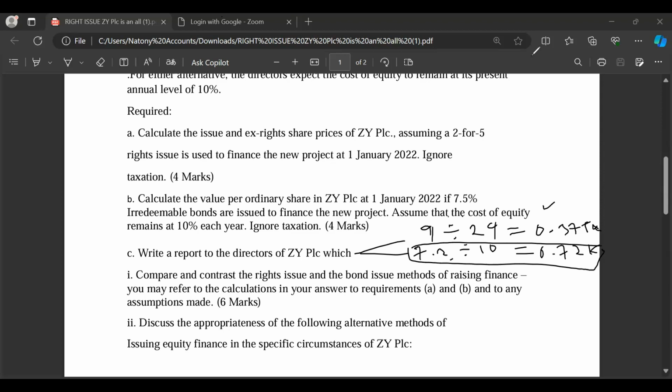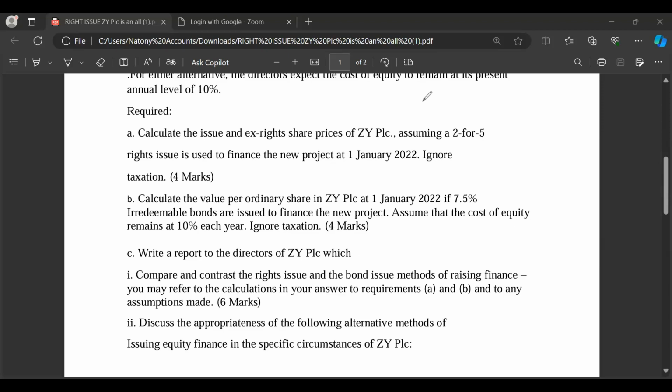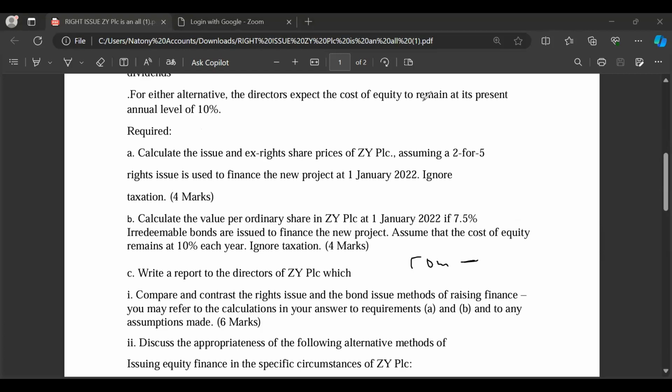Okay. So the final thing that shareholders will be looking at is dilution. Dilution in shareholding. Currently, the number of shares in issue is 10 million shares. The number of shares will increase to 14 million: 4 million new shares, sorry, and 10 million existing shares.